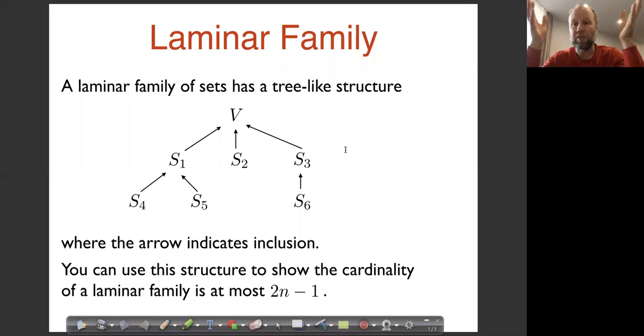Okay, so this property of being a laminar family always allows this tree-like decomposition. And you can actually use this property, this tree representing the structure of the family, to show that the cardinality of a laminar family, when the universe is of size n, is always at most 2n minus 1. Okay, so this is a known result. You can find this in textbooks.